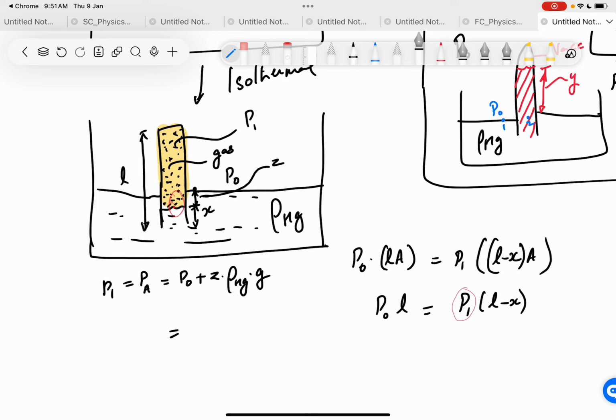And now P1 is P naught plus Z into this particular value into G itself. You substitute the value over here, what do you get?